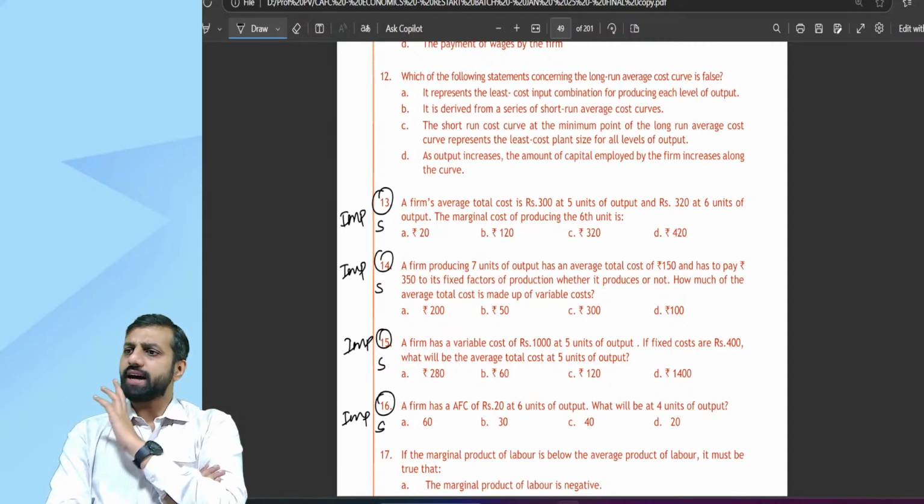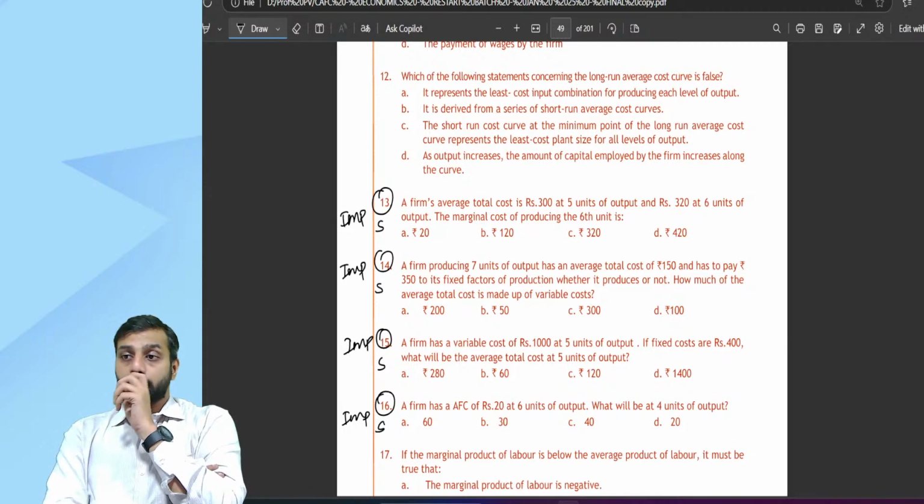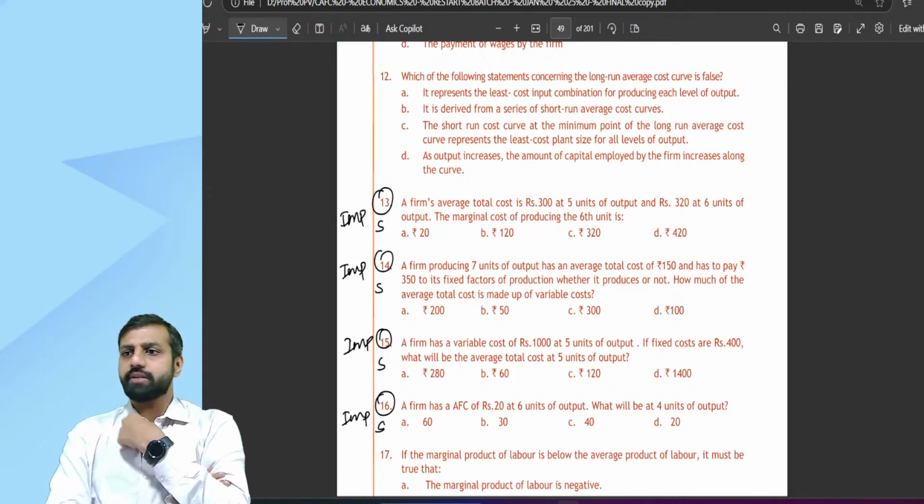All these are in the ICI material. I believe you have already solved these MCQs. So if you have any doubts in MCQs also, I will be solving those doubts.